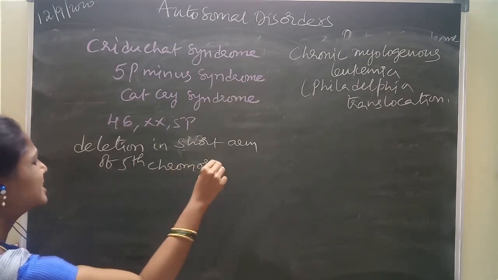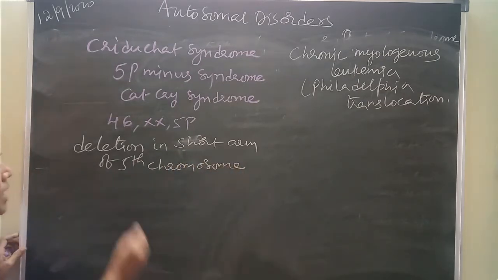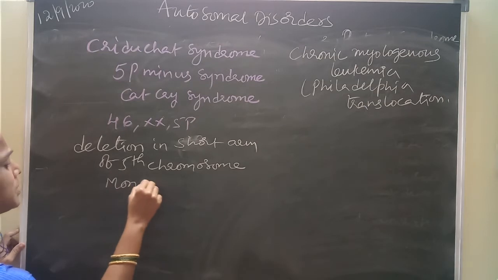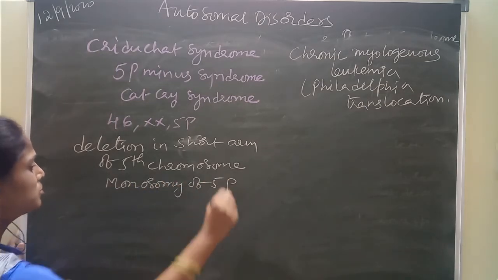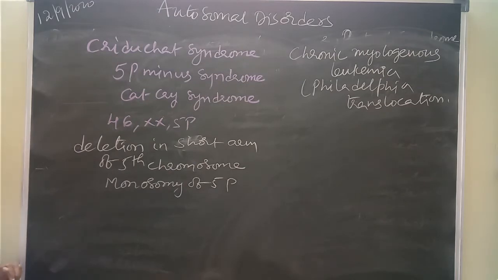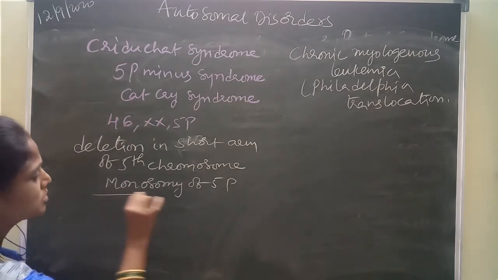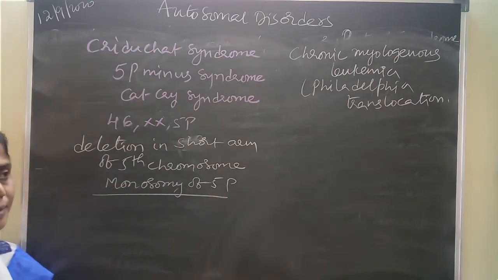Hence we call it 5P minus, and it is a monosomy of 5P. So partial deletion in the short arm of the 5th chromosome, hence it is also called monosomy of 5P.